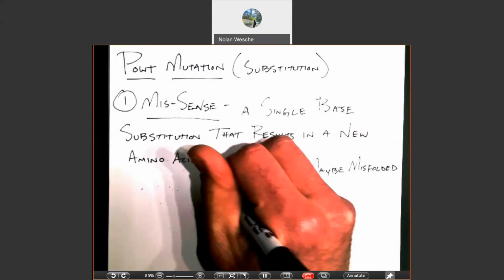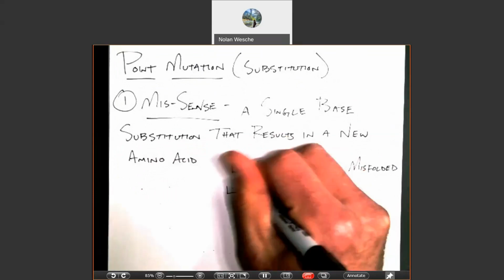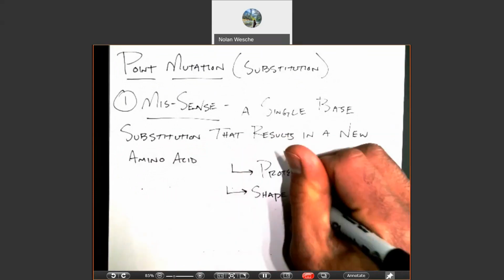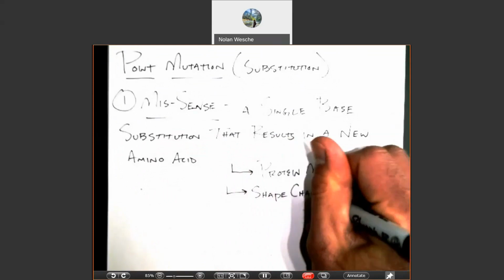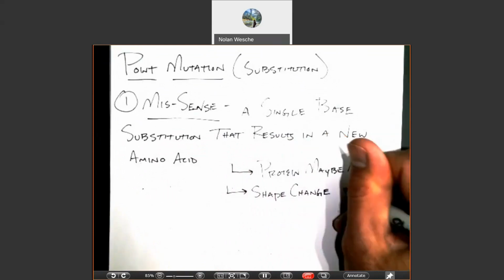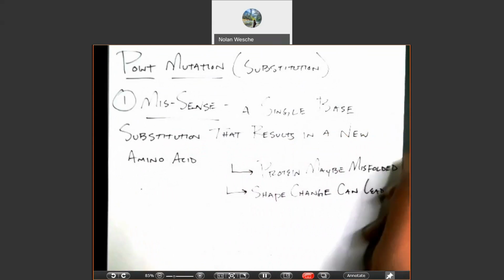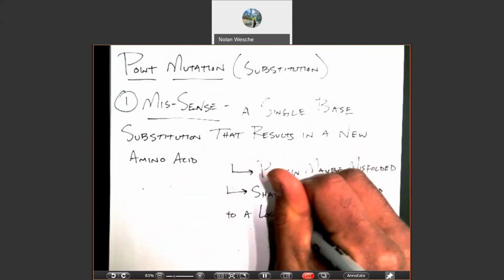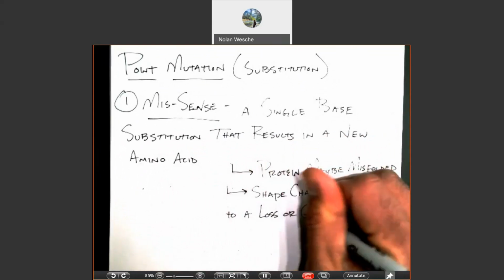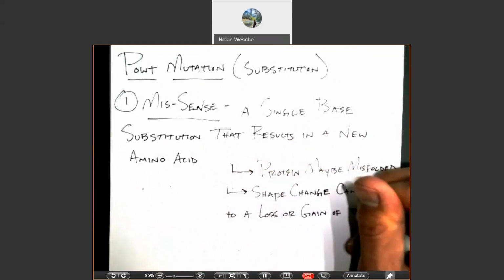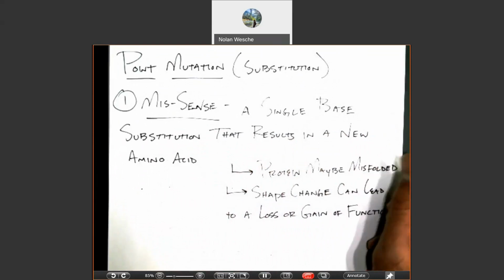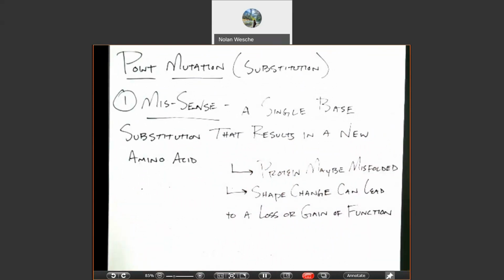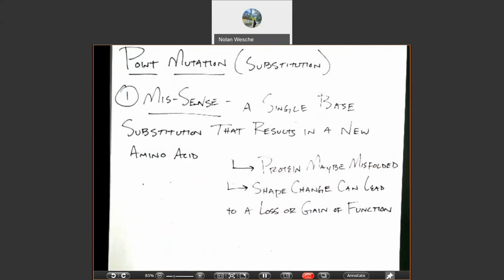And that shape change from that misfolded protein can lead to a loss of function or a gain of function. Typically, it's going to be a loss of function, but in some rare circumstances, that protein is actually slightly more effective with that different amino acid and that modified shape.